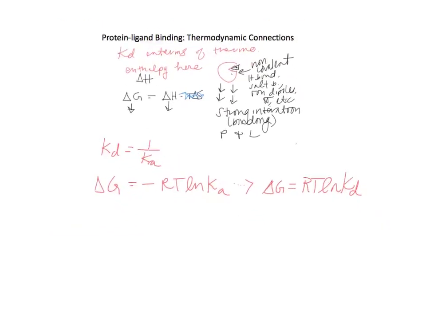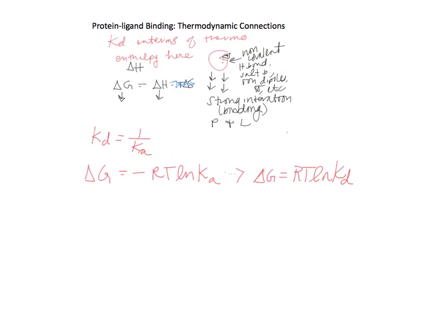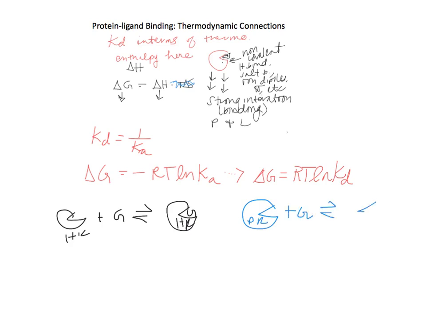So let's do the math for the two examples that I gave you before. We have the HK protein plus glucose in equilibrium with the bound form, and the other one is PK plus glucose in equilibrium with the bound form.